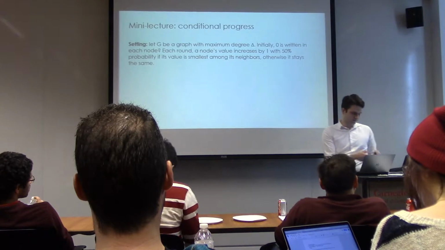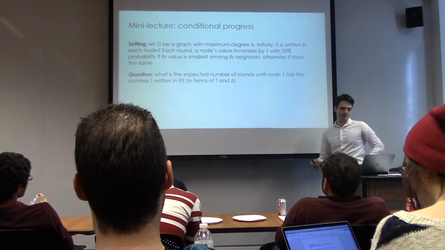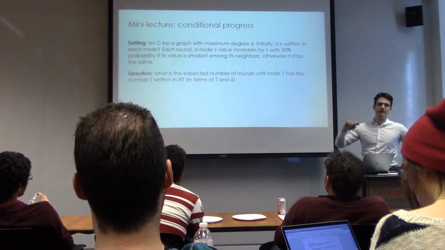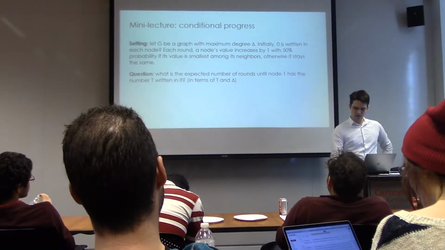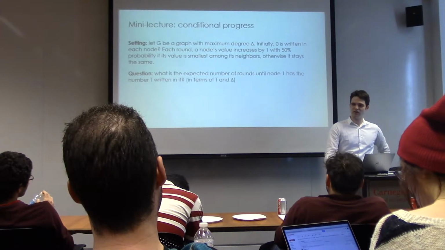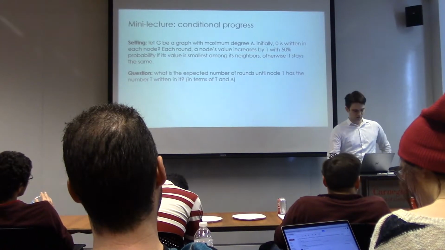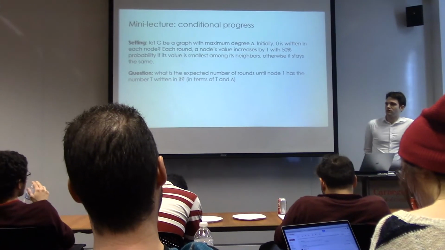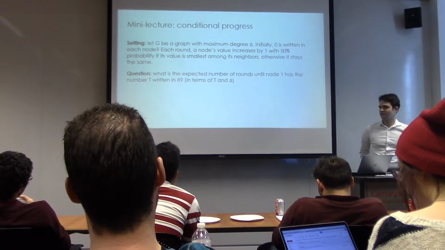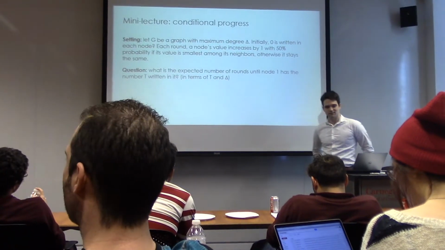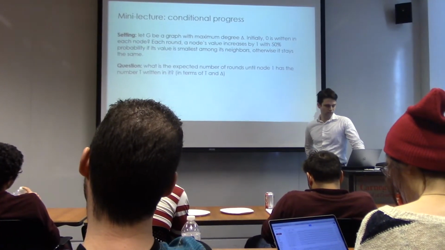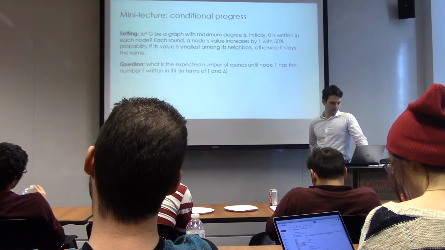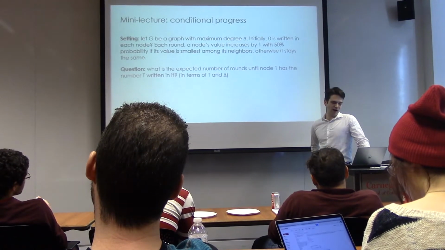Exactly. So what's the probability that it has a number t written in it? I'll give you 30 seconds to think about it a little bit. You can even think about a star.